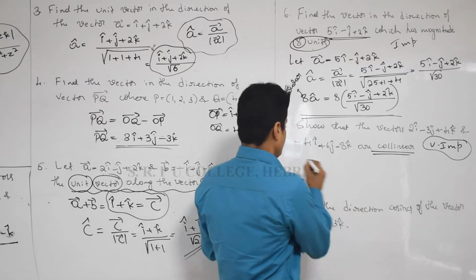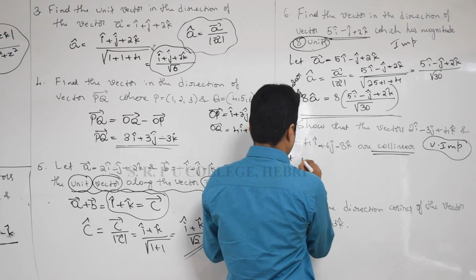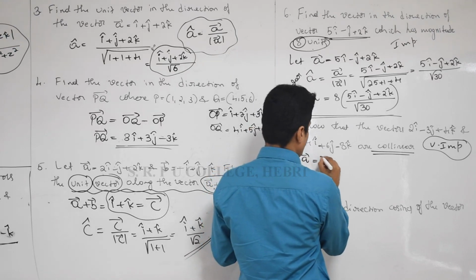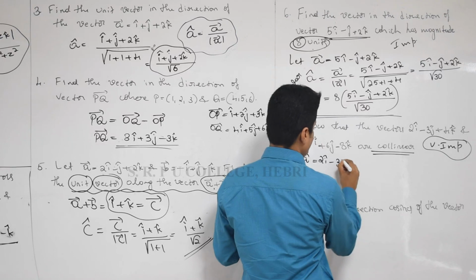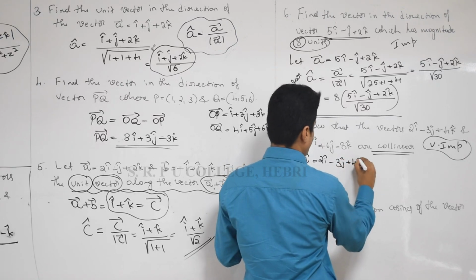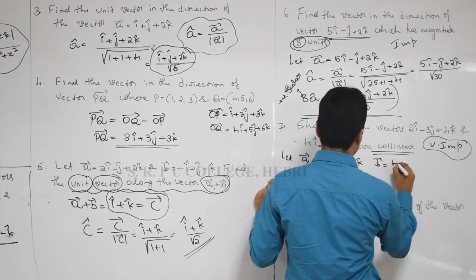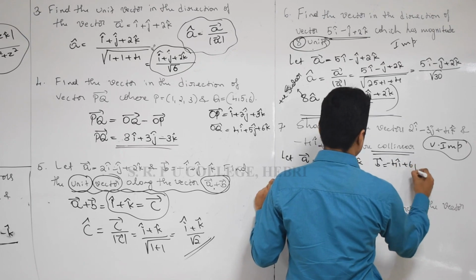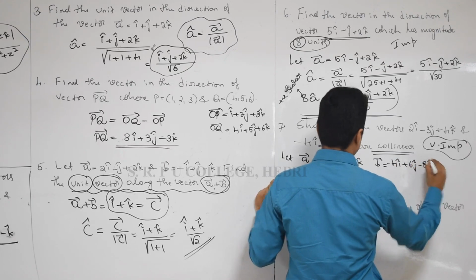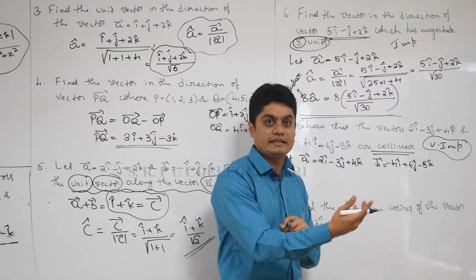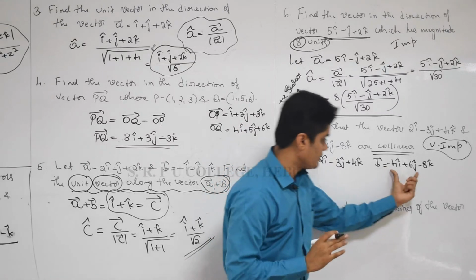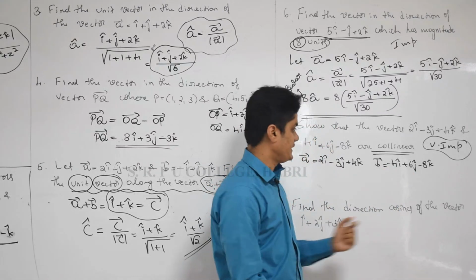Definitely one vector will be completely a multiple of the other vector. So first take the given vectors as a and b. Vector a is 2i minus 3j plus 4k and vector b is minus 4i plus 6j minus 8k. Actually we can't say one vector is more than another vector, but you can see which one looks bigger, where the numbers are larger.